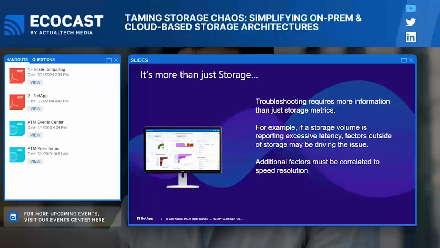So this is my last challenge on this slide before I start talking about solutions, right? And it's more than just storage. So to state the obvious, troubleshooting requires being able to view more than just storage metrics. My standard example here is that you receive a ticket: my VM is slow, right? They have some workload, it's not performing as expected.